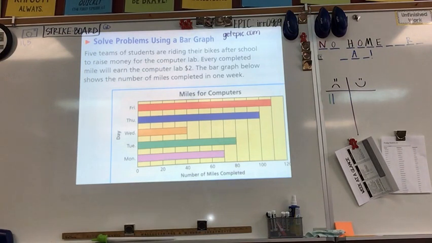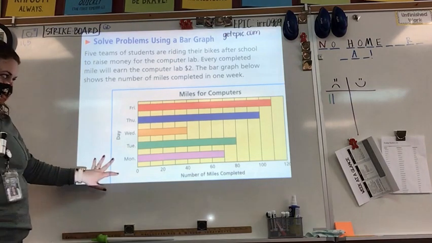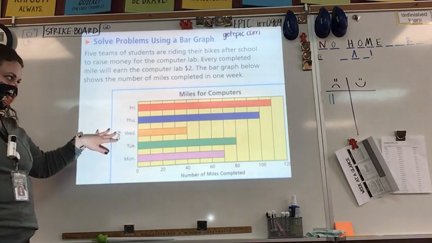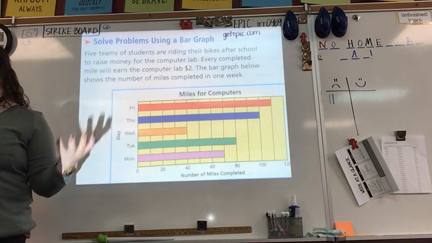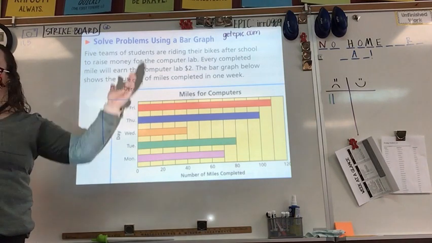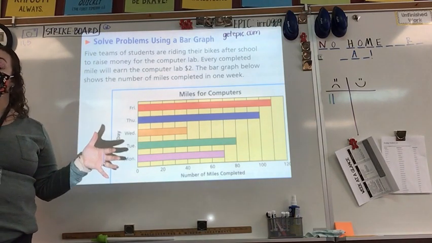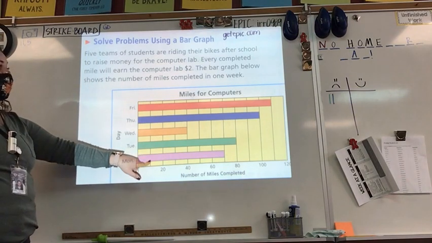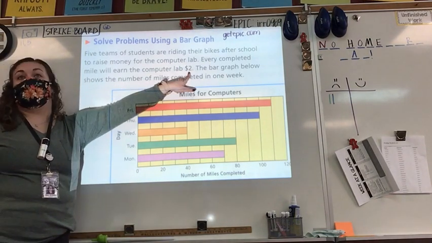So the reason they give us that background information is because this graph only shows us how many miles they're riding each day, which ends up telling us how many miles they rode for the entire week. The extra information that we have to keep in mind is that each mile that they ride earns $2.